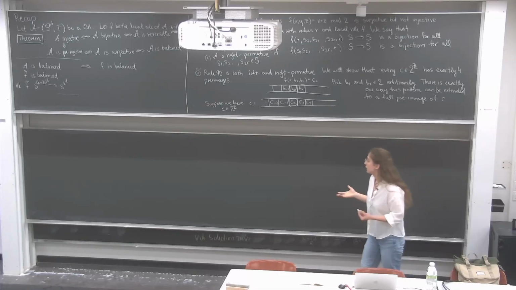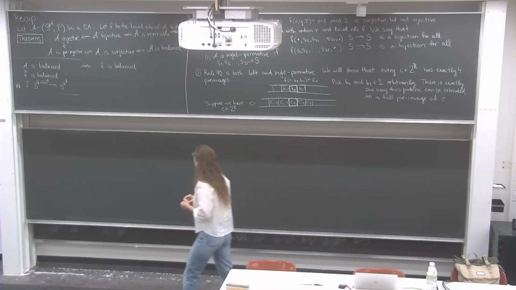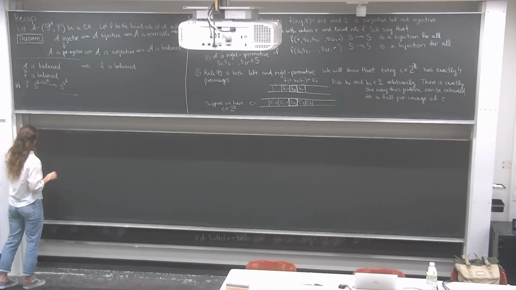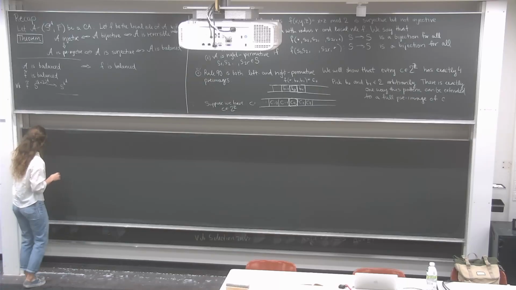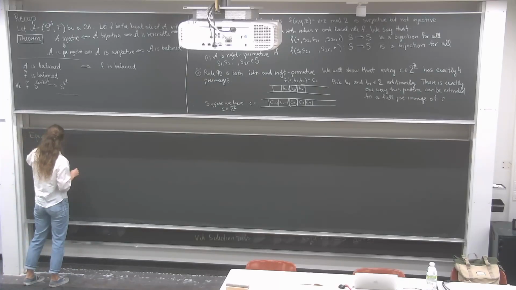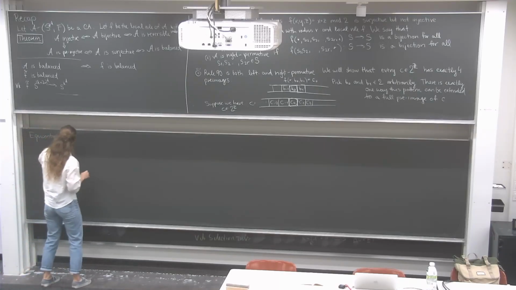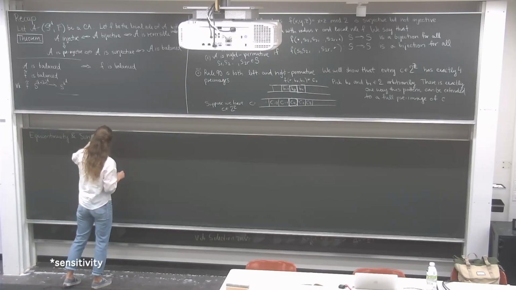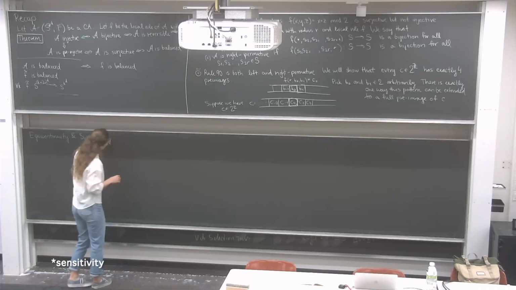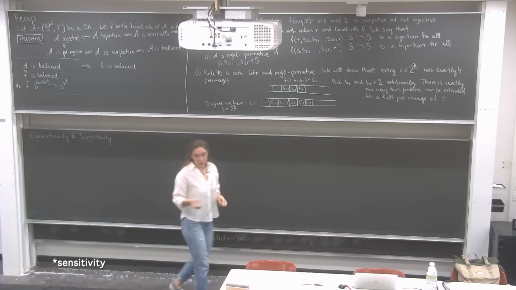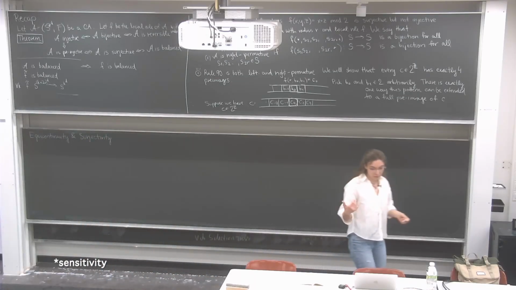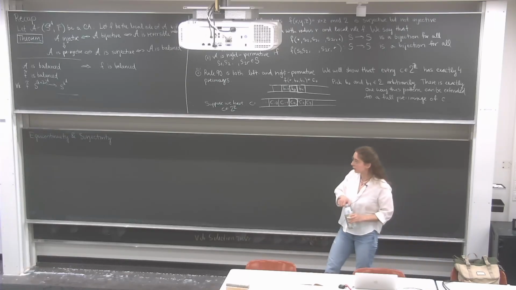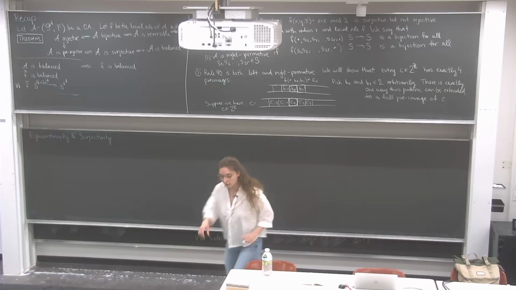So with this we can start a mini subchapter about equicontinuity and surjectivity. So what we have covered now is really just some of the most basic properties of the global map of a CA, that is the continuity, surjectivity, and injectivity. There should be sensitivity.